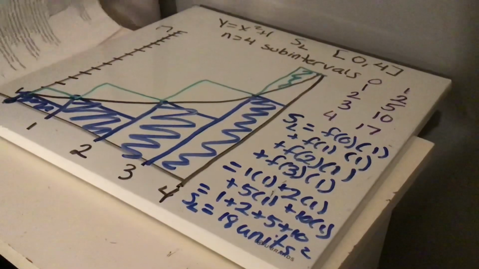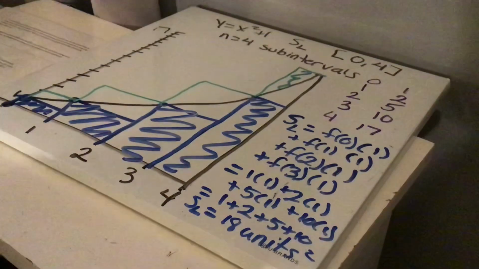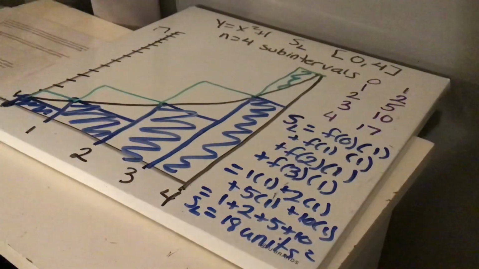So we are approximating using the left hand endpoints for the left hand sum or the lower sum, and then the right hand partitions would be the right hand limits or the right hand sums or the upper sums.